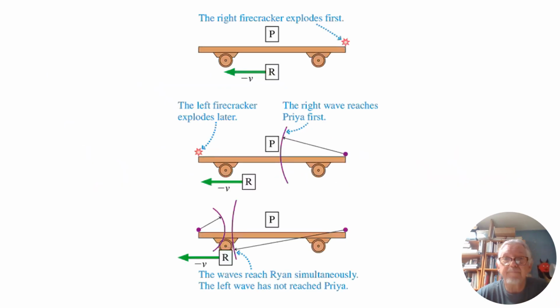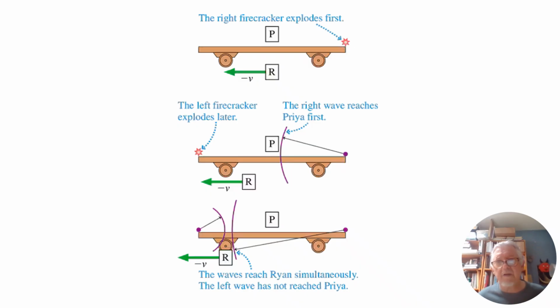All right, how to resolve this? Well, this is actually what happened first in Priya's reference frame. In Priya's reference frame, the firecracker on the right ignites first. She is fixed.